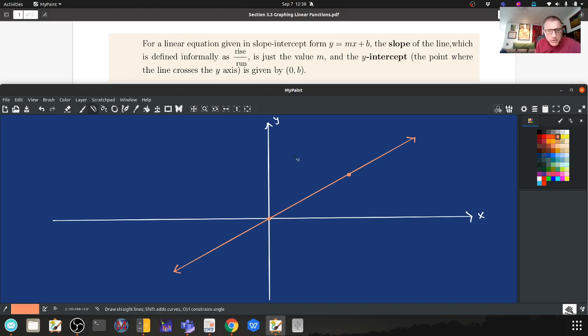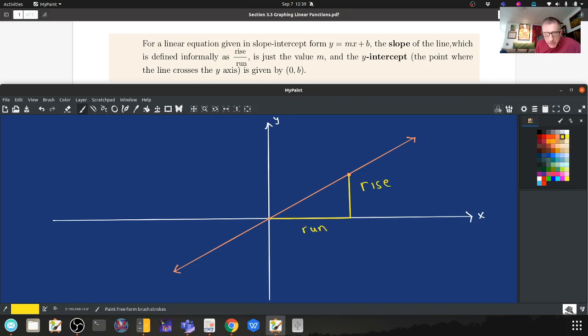And what I'm going to do is measure two things. Again, I want a different color here. I'm going to measure two things. I want to measure the height, we call it the rise, instead of the height, I'm going to call it the rise, and the run between those 2 points.